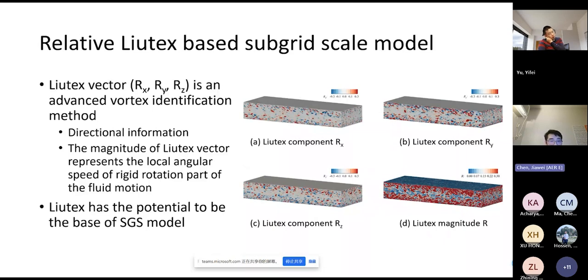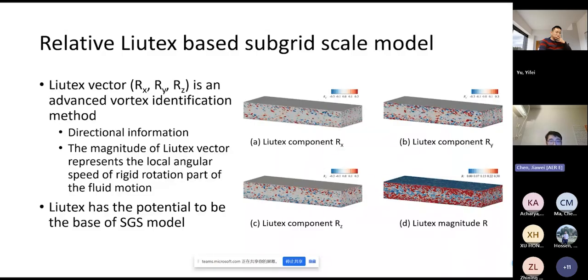And then this slide has 4 figures which show the 3 components and magnitude of the Liutex vector field. What's important to understand is that the Liutex vector is an advanced vortex identification method, which can provide both directional information and vortical structures and quantify the local angular speed of the rigid rotation component of the fluid motion.